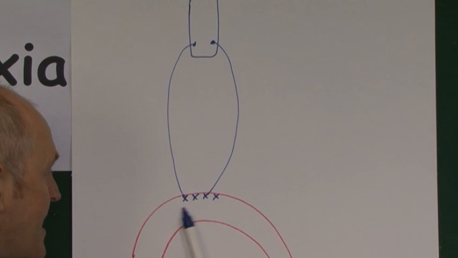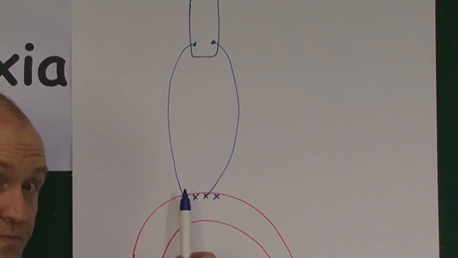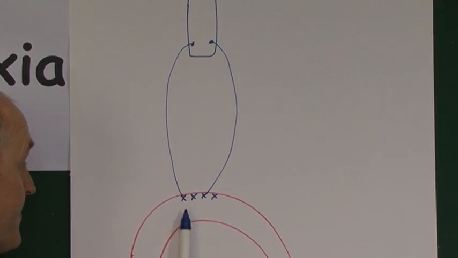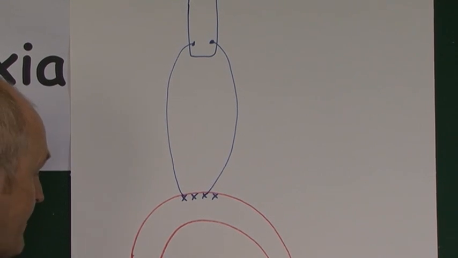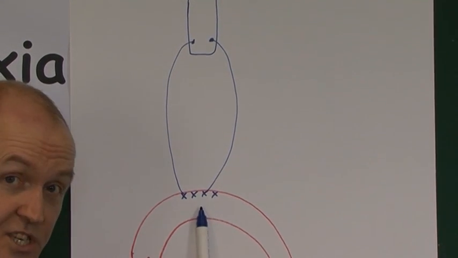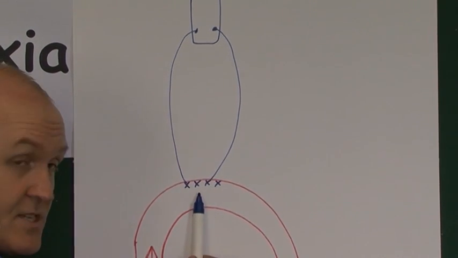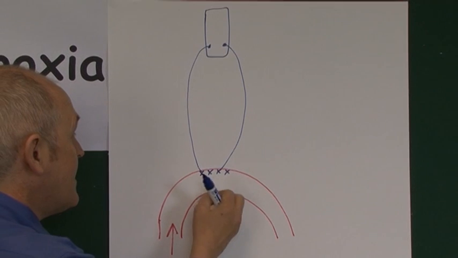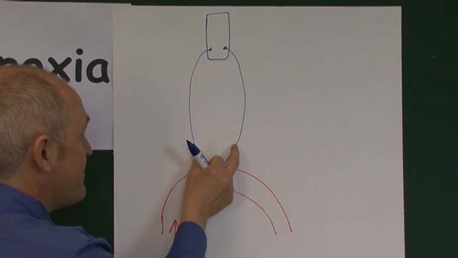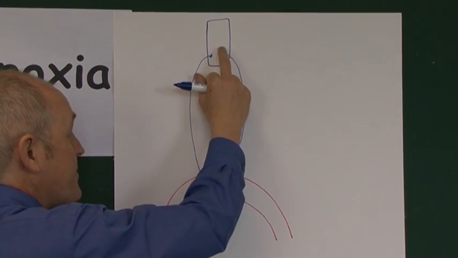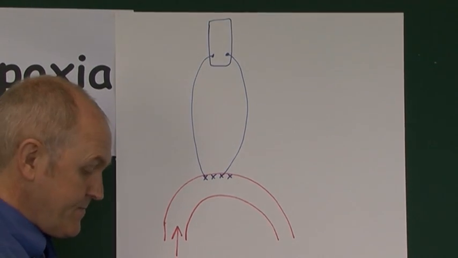And these carry information about the amount of oxygen in the arterial blood. So the blood's leaving the left ventricle in oxygenated form. The levels of oxygen are detected in this arterial blood, and sensory nerves are taking this information from the arch of the aorta up to the brainstem.